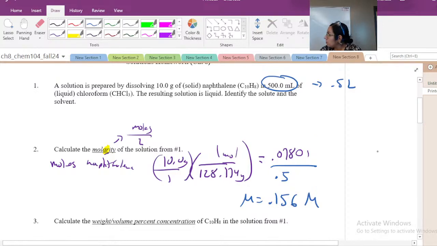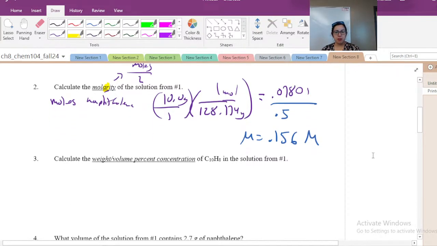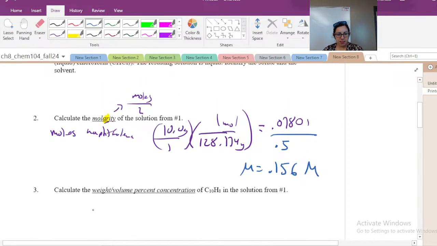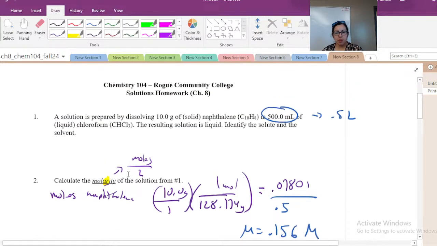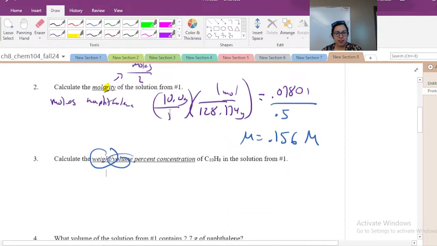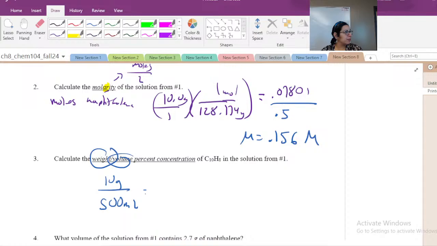And then we're over time, but I just want to point out, again, just read these, because then it's just asking weight per volume. So we can literally just take 10 grams over 500 milliliters, and that is our answer for that second one.